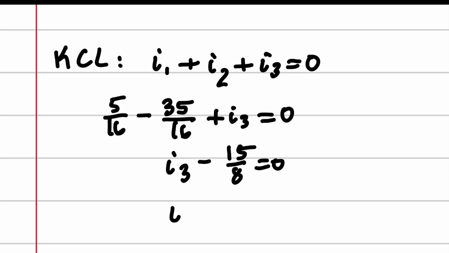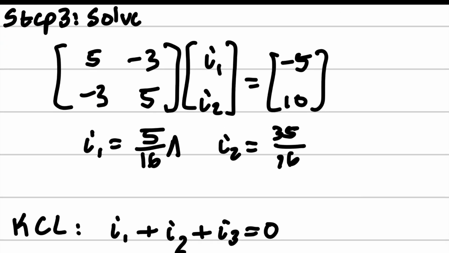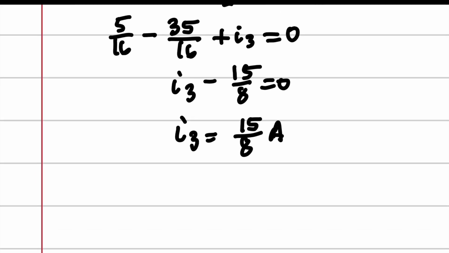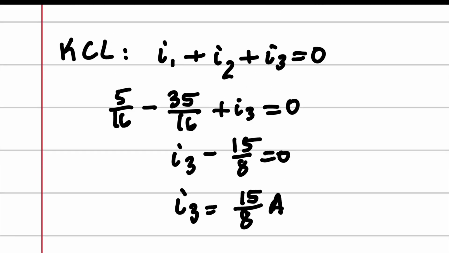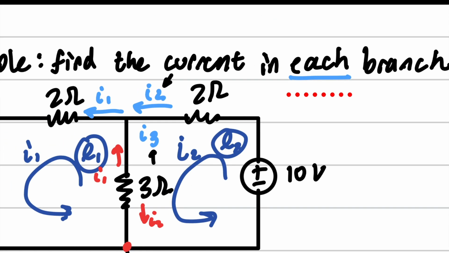And we get I3 equals 15/8 amps. Okay, and don't forget to put your amps here. Now, what does that mean? That means that the legitimate physical interpretation of this I3 is going out of this node down.